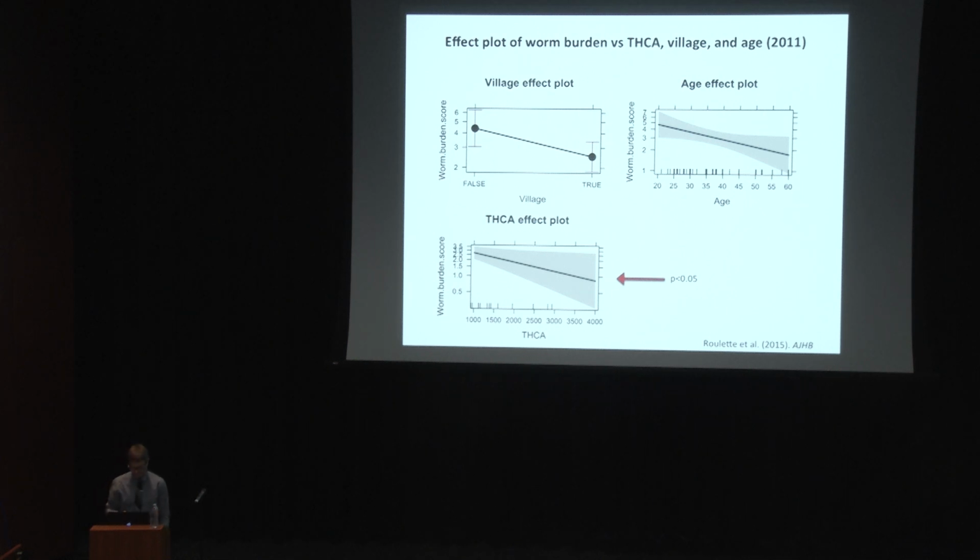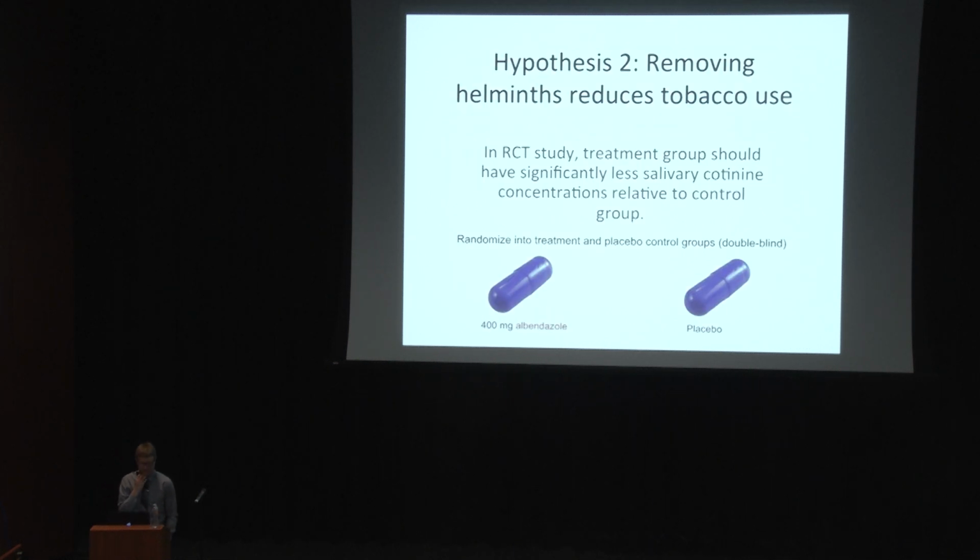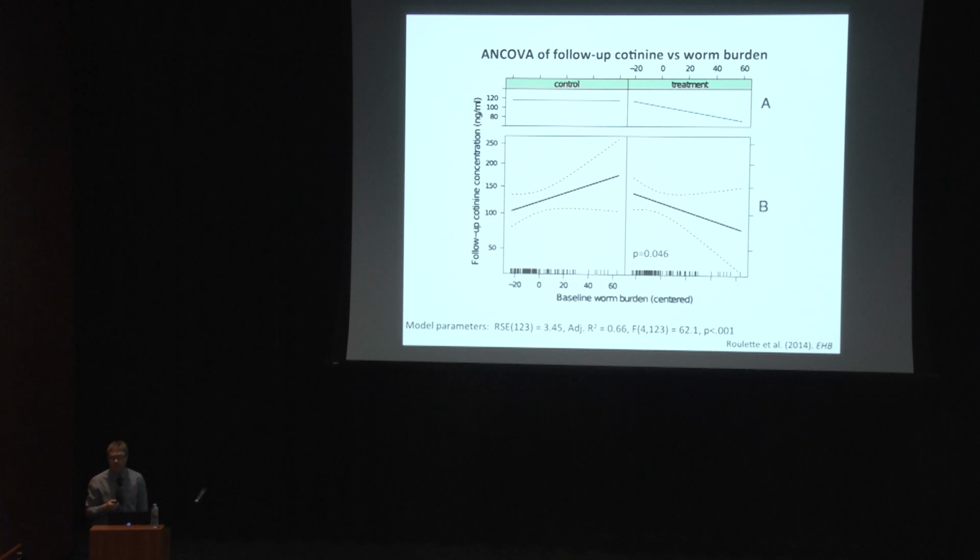So this is the randomized control trial. Those that are in the treatment group should have significantly less salivary cotinine concentrations relative to the control group, because we're removing their parasites. If parasites have anything to do with people's smoking levels, we're expecting those smoking levels to decrease when we remove parasites. And that's what we found.